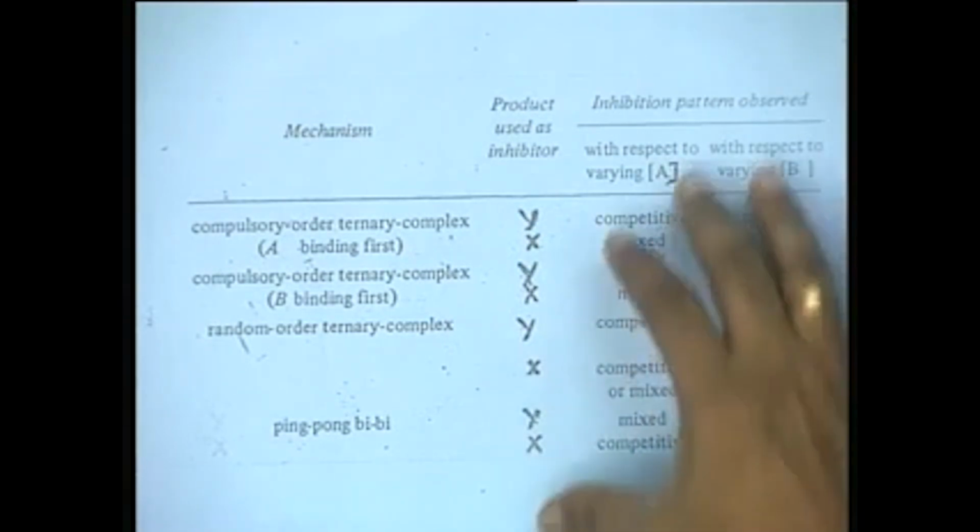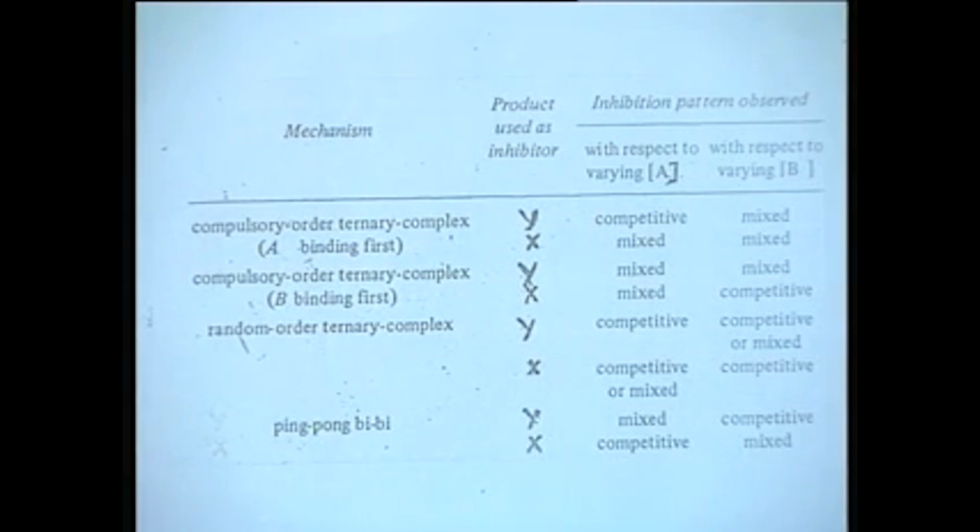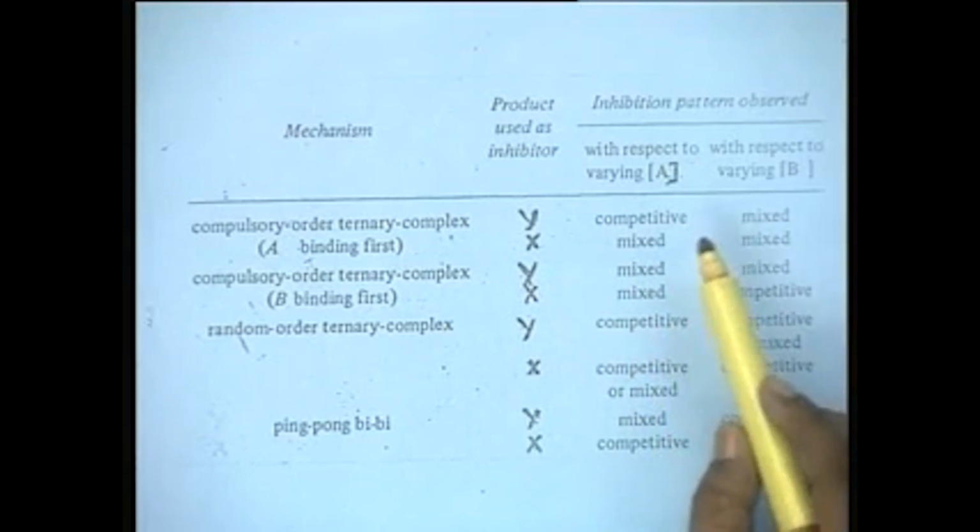So you get completely different patterns, and as you will recall, when we were discussing the inhibition patterns, we mentioned very clearly that a major use of the inhibitory patterns is in the analysis of bisubstrate reactions to identify their reaction mechanism, and one can derive these expressions and get the different types of inhibition pattern.